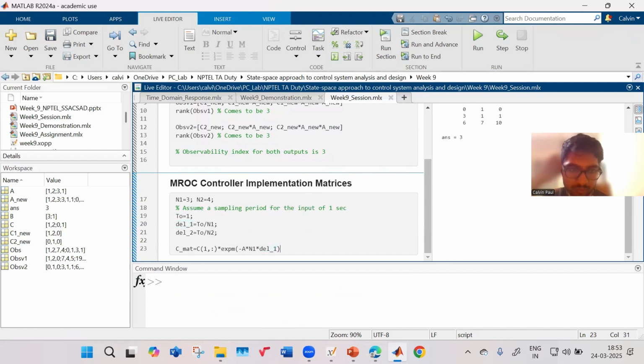Okay. So let us get this is C mat, first one.